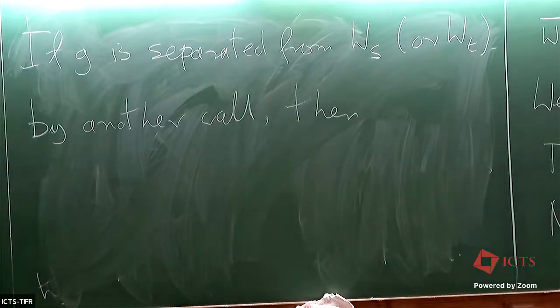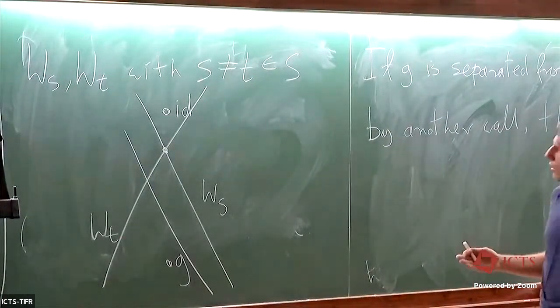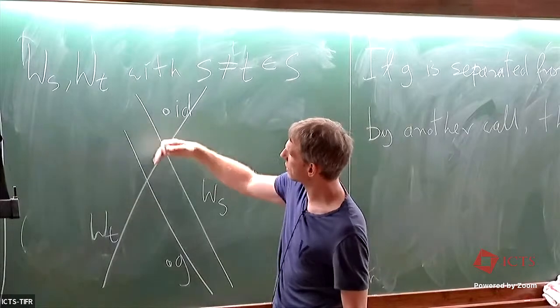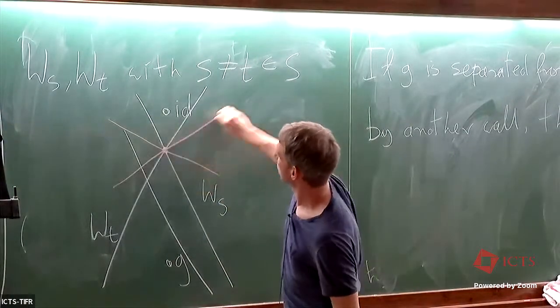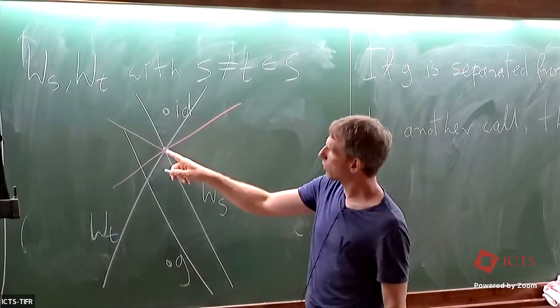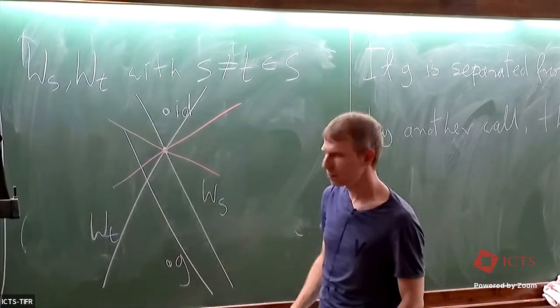We can take the reflection in T and the reflection in S, and these two reflections generate a dihedral group, and using elements of this dihedral group we can translate these walls to get some other walls. And the point of bipodality is that these walls will also be separated from G.